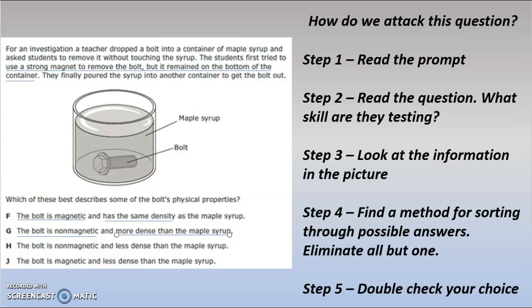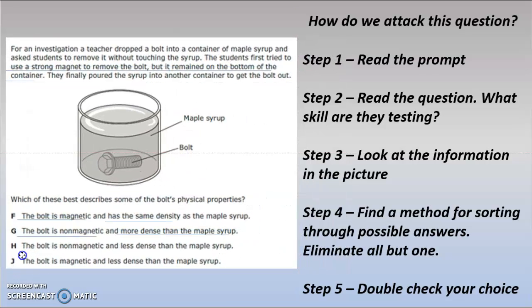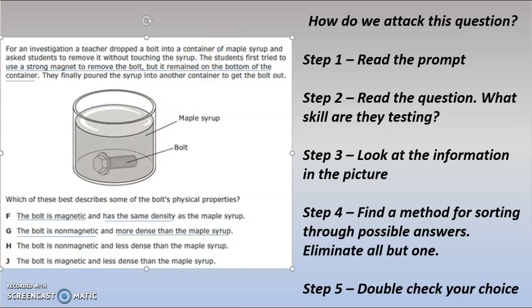The third one says the bolt is non-magnetic and less dense. And the last one says the bolt is magnetic and less dense.